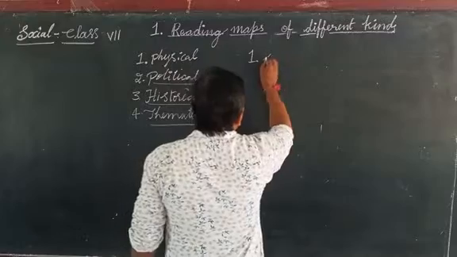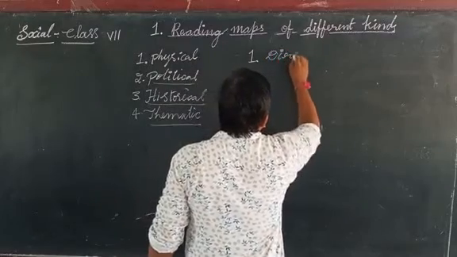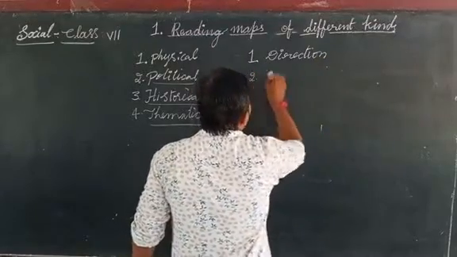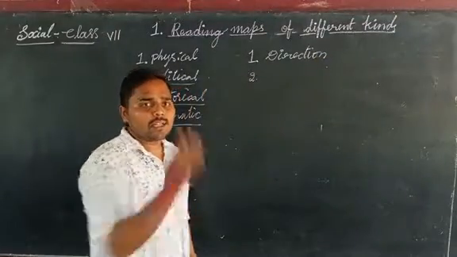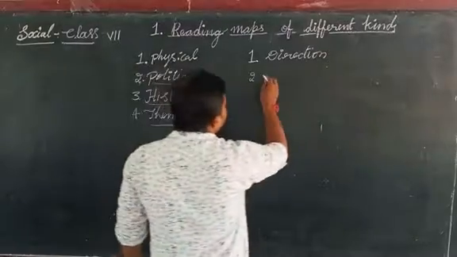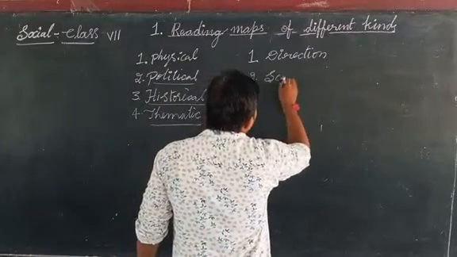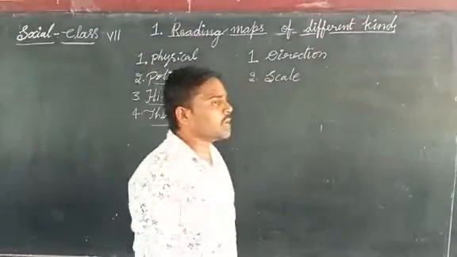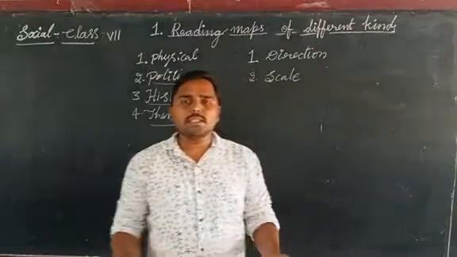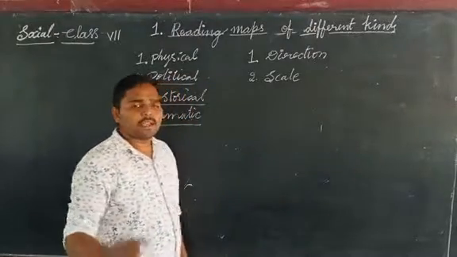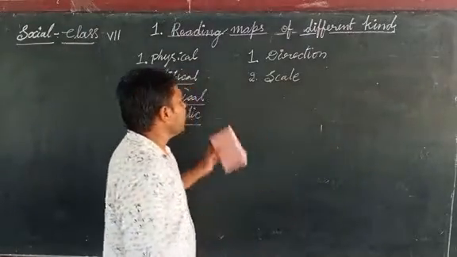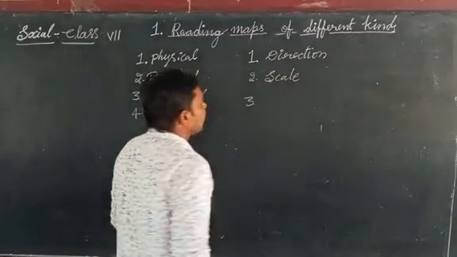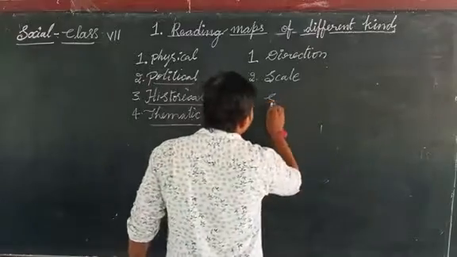The first one is directions. With the help of directions, we can notice the directions on the map. Now the second one is scale. With the help of scaling on the maps, we can draw the large size of locations on a small plain sheet. The third one is symbols.